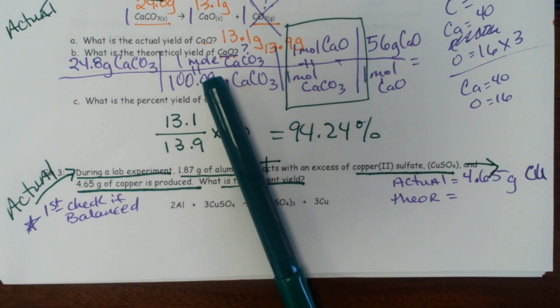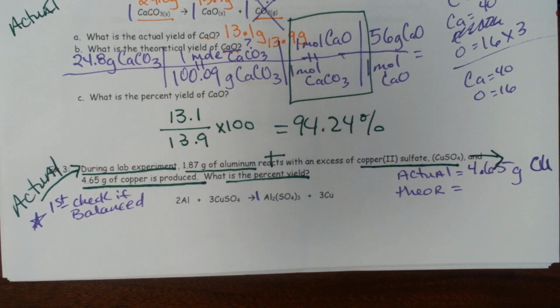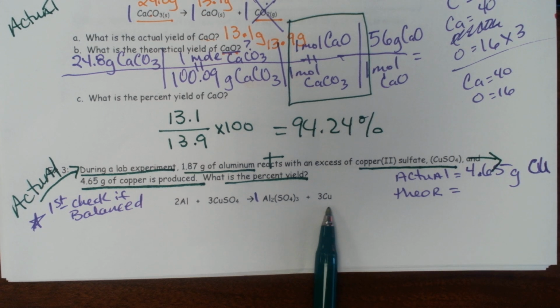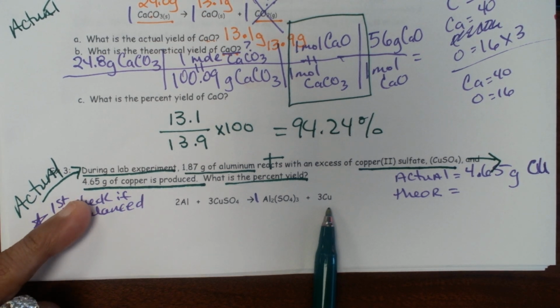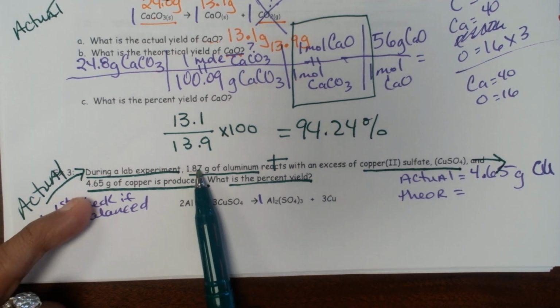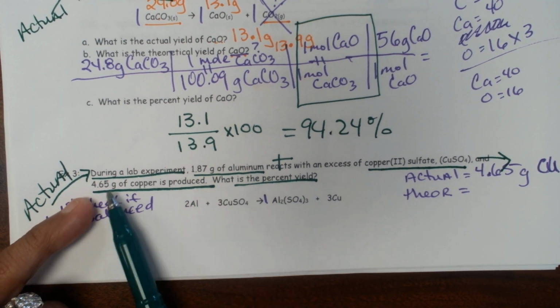That's pen and pencil paper with your calculator. I need to find the theoretical of copper. They gave me the actual of copper, and they gave me this number. Those are the two numbers that they gave us. Can I use 4.65?